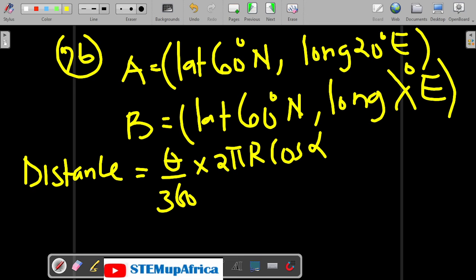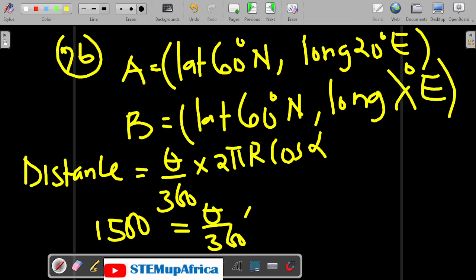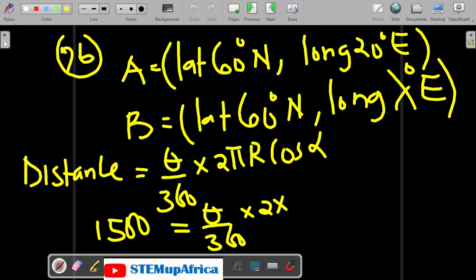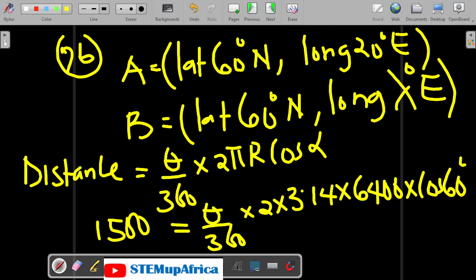The distance is 1,500, which equals theta over 360 times 2 times pi, which is given as 3.14, times 6,400 times cos 60 degrees. Cos 60 is 0.5.